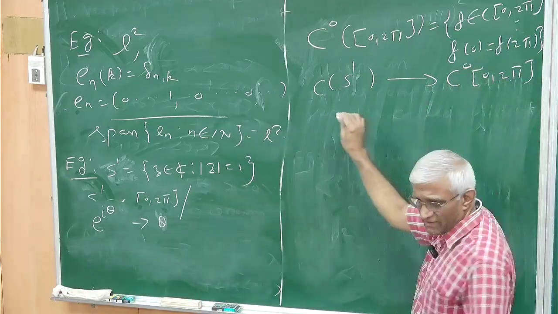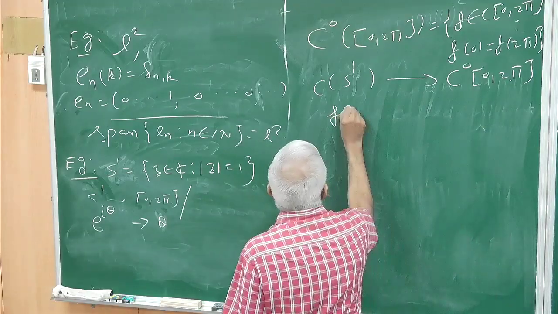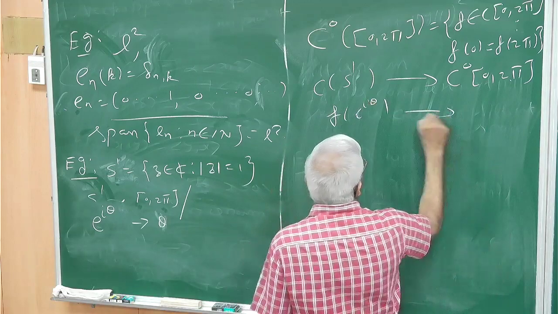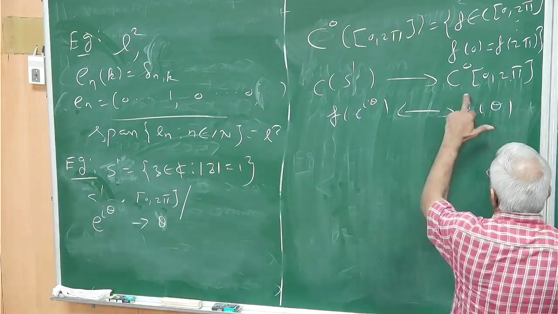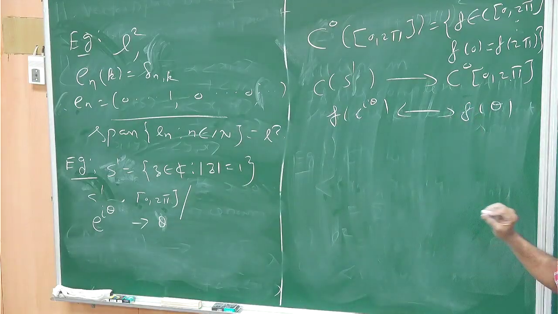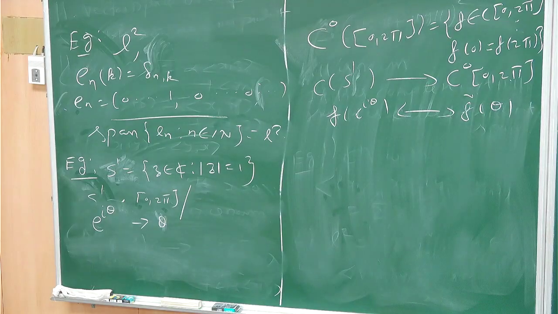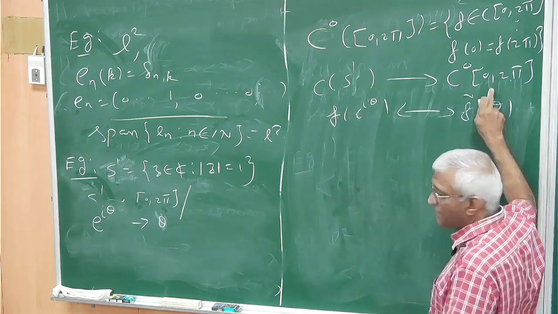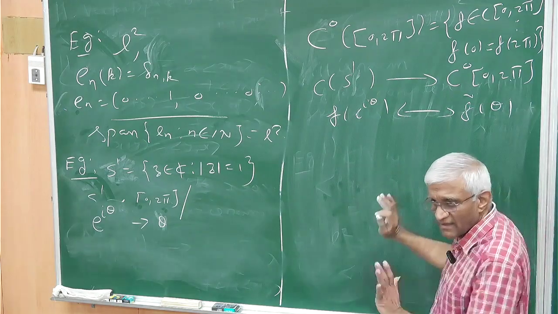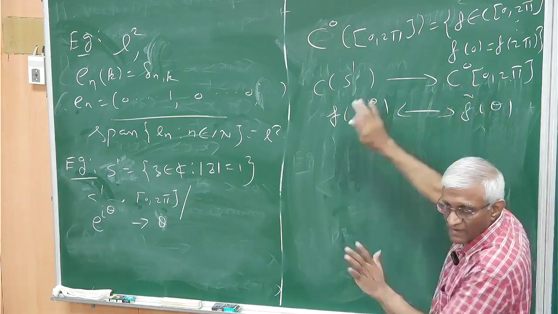We have an isomorphism. If we have an f here, f of e power i theta will go to f of theta. If you want, you can put a tilde: f going to f tilde. If you have an f here, you define f tilde by f tilde of theta equal to f of e power i theta. I'm just identifying this function space with that function space.